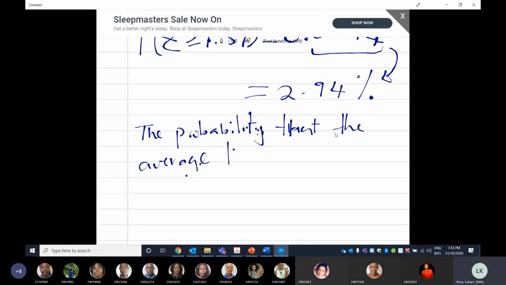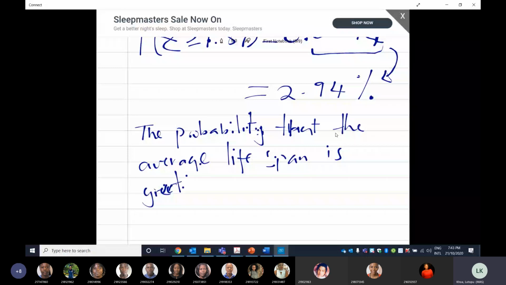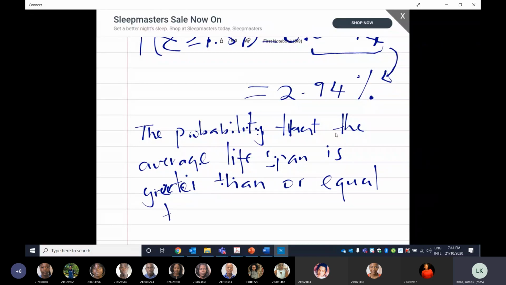Average lifespan is greater than or equal to, and then here you write the original X bar that you were given.